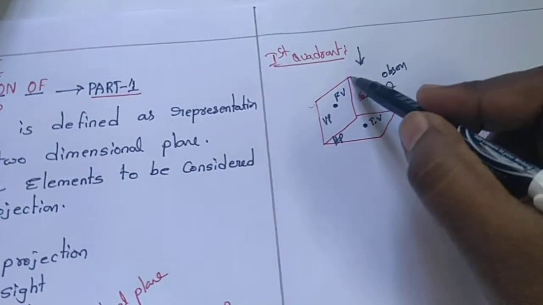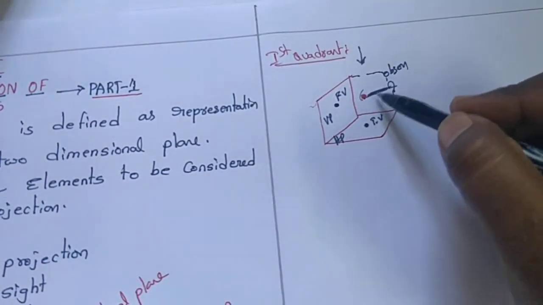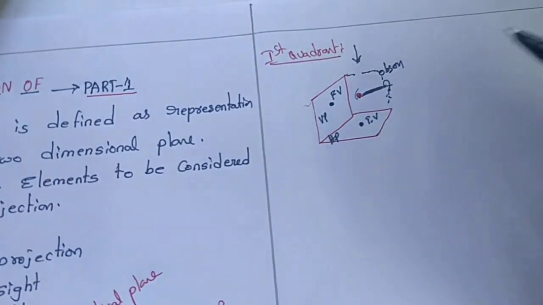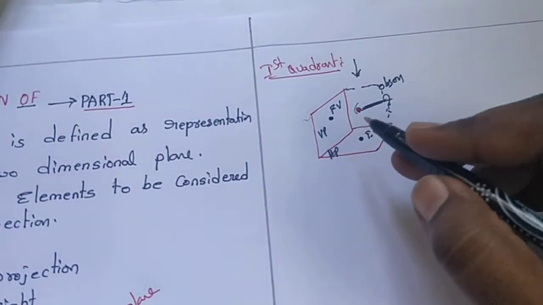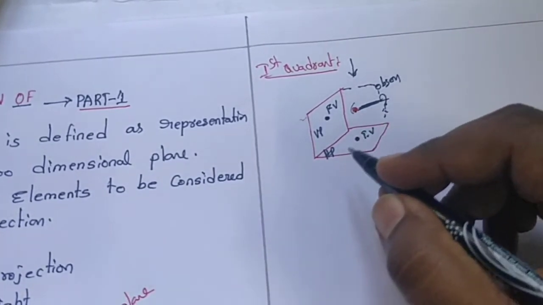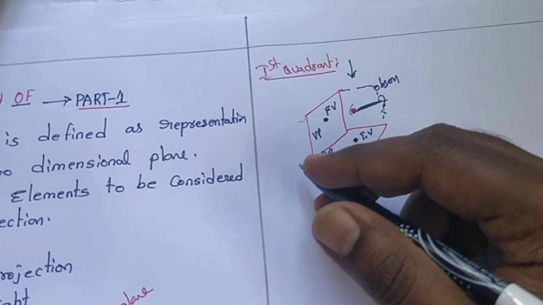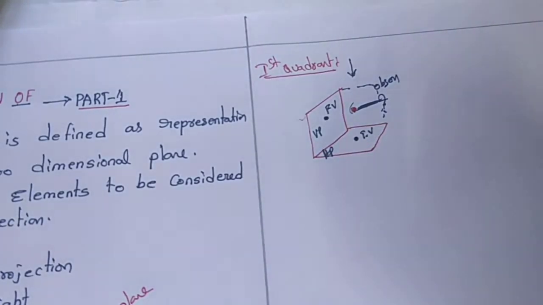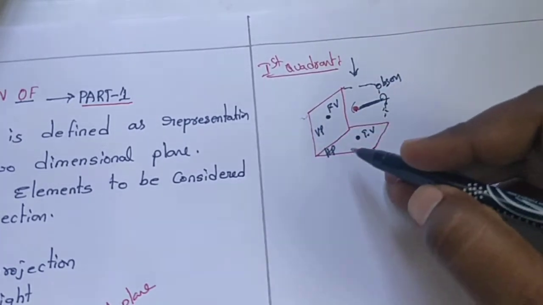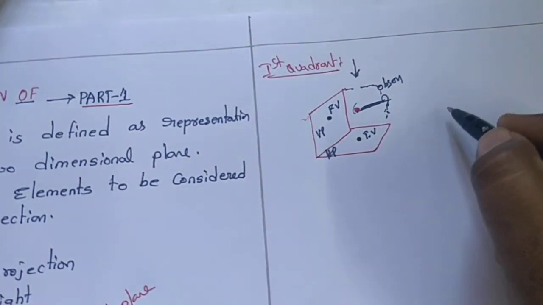Suppose this object is viewed from the left side, it falls on the profile plane, and the view appearing on the profile plane is known as the side view. Now we need to draw this three-dimensional view into two-dimensional.